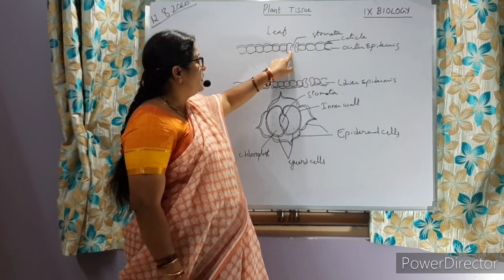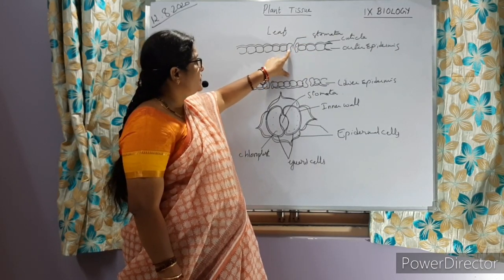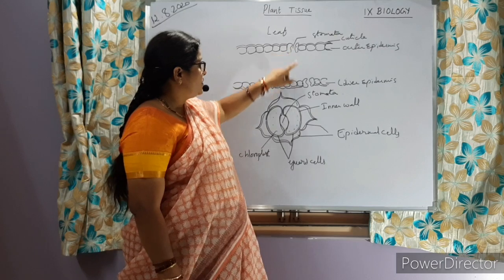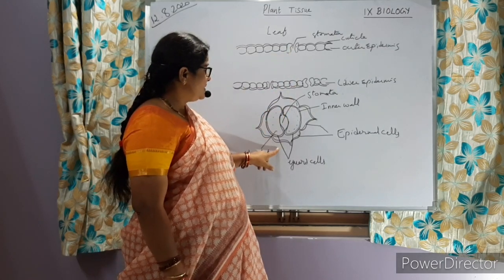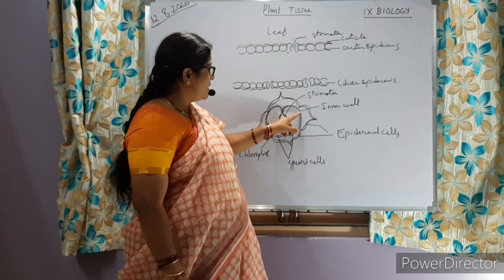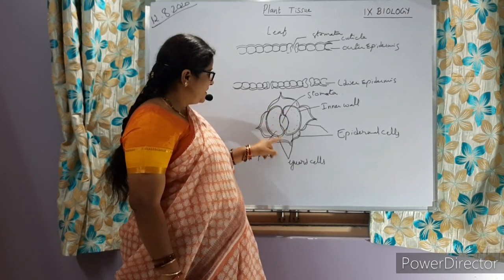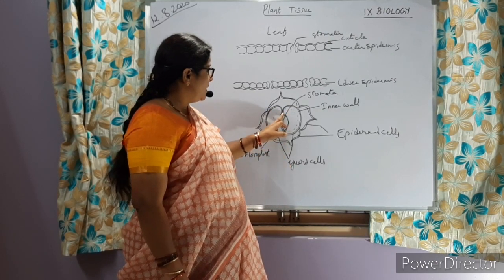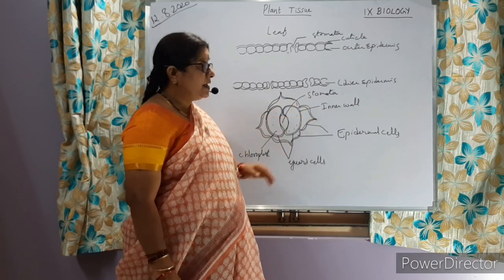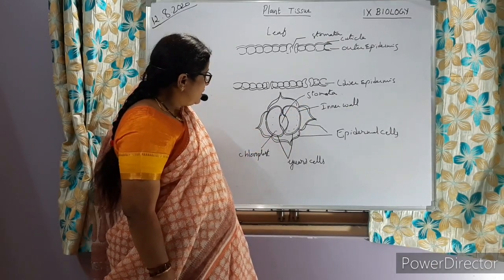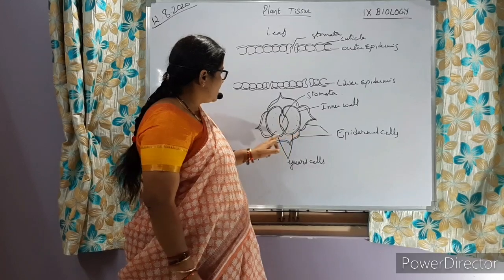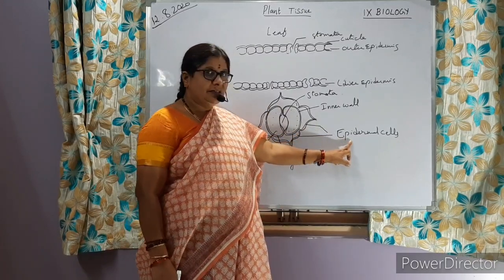Now, in the leaf structure, stomata are the openings which we can see, and it will be seen like this. These are guard cells. What is the shape? Bean-shaped guard cells, and there is an opening which we call stomata, and those which are surrounding are called epidermal cells.